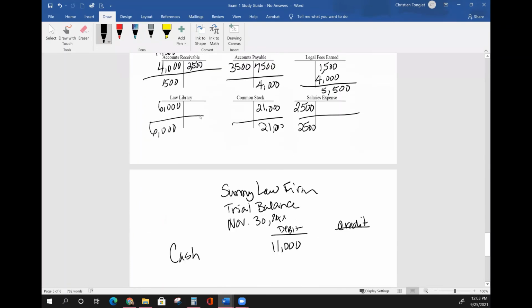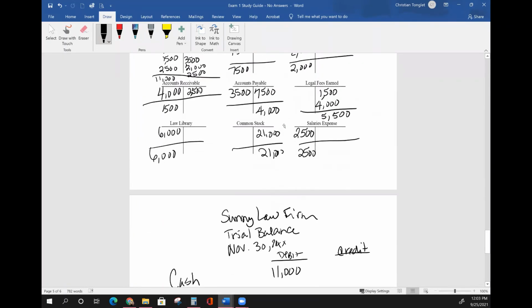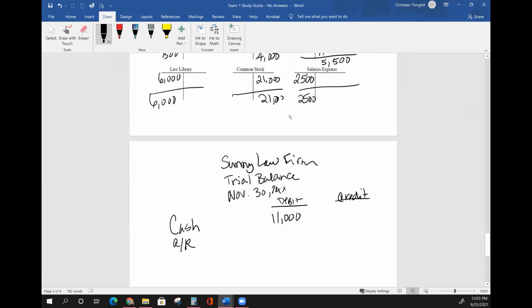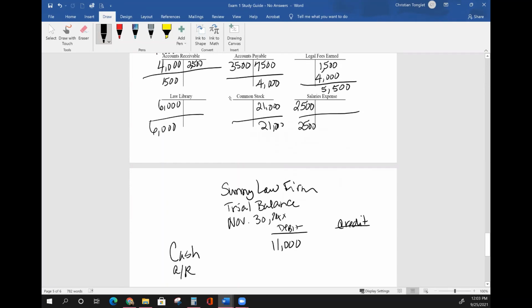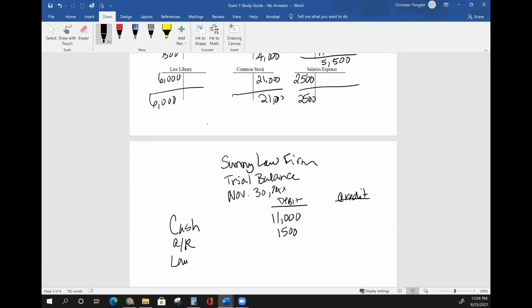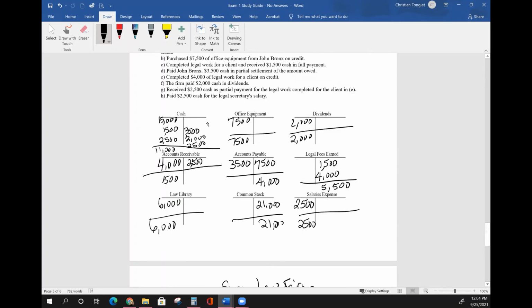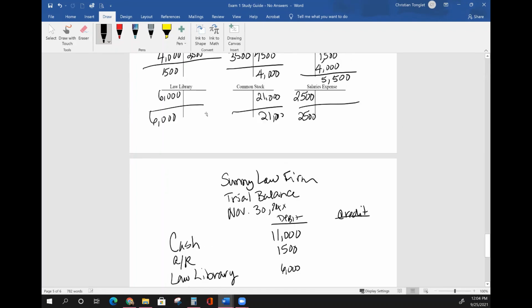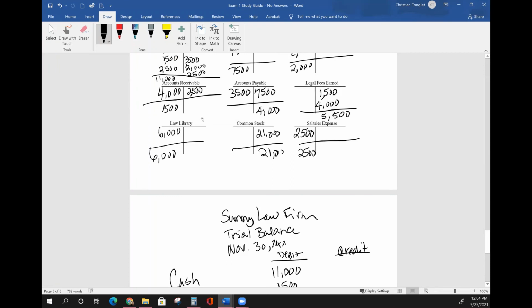All right, accounts receivable next, and that is 1,500. We have the law library, 6,000. The office equipment, it was 7,500.